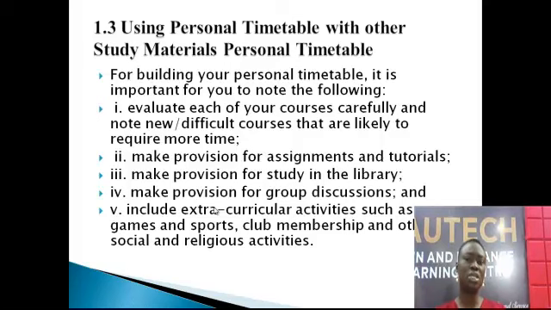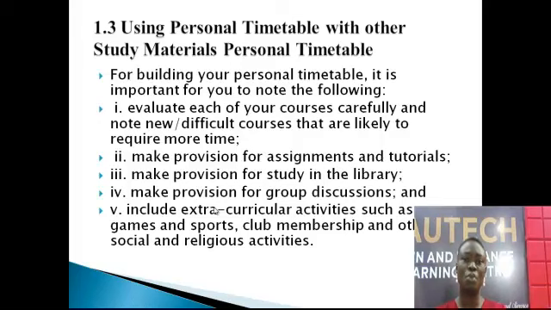And provision to study in the library. You should be able to go to the library to read, and also to look for material, to learn more of what you've read or what the lecturer has done in the class.